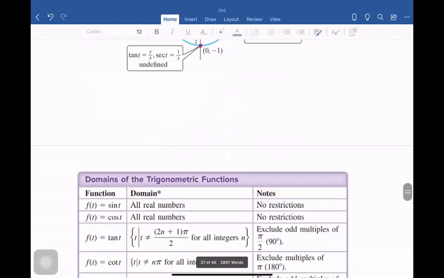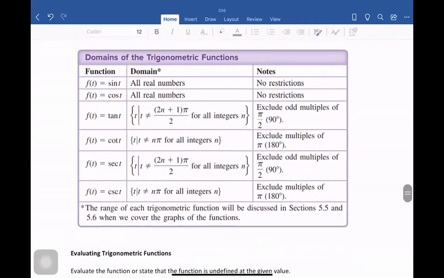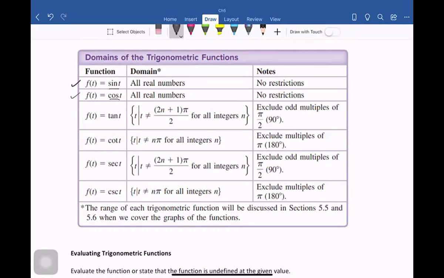So let's see the summary table. Under what condition is each function undefined? For sine and cosine, sine t equals y and cosine t equals x.